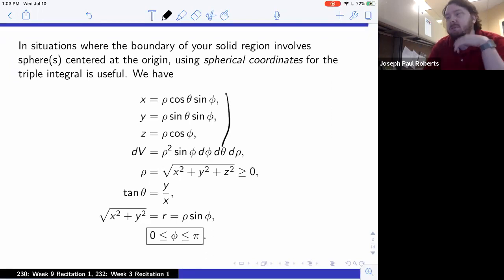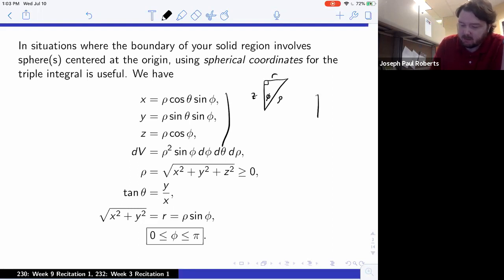But anyway, here are the equations for x, y, and z. You probably want to memorize those as soon as possible. You can figure it out from triangles. Remember, the triangles that we have are r, z, phi, rho, and x, y, r, theta. And so using SOHCAHTOA, right triangle trig, you can figure out all those relationships for x, y, and z in terms of rho, theta, and phi.